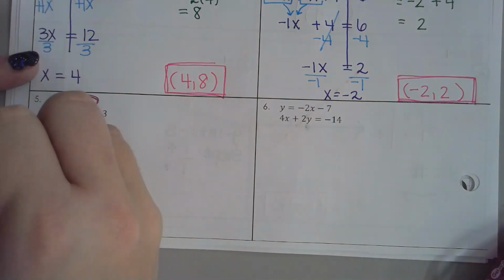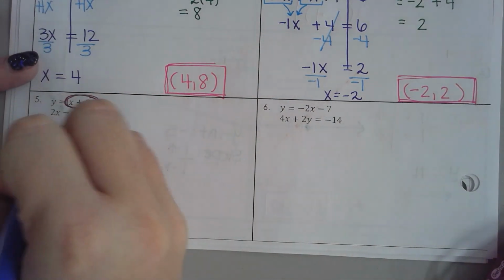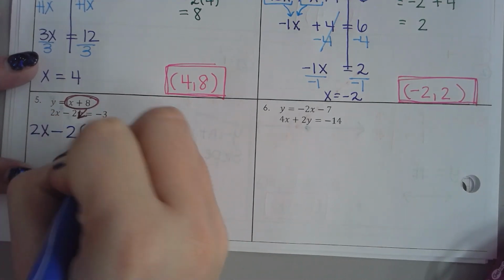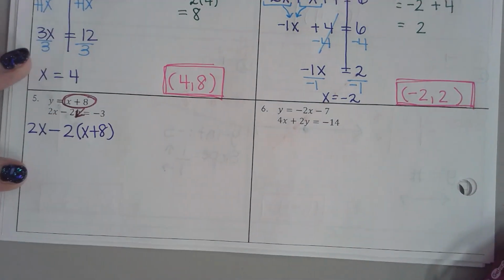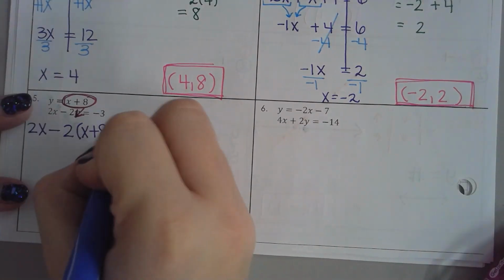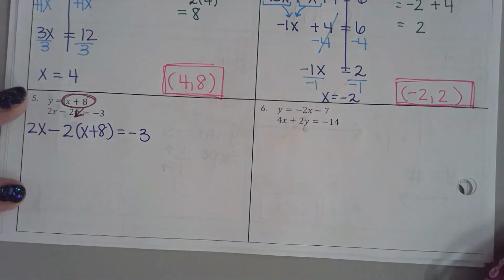So this becomes 2x minus 2, and then x plus 8 is going in place of the y. Remember, the x plus 8 comes in, the y goes out, equals negative 3.